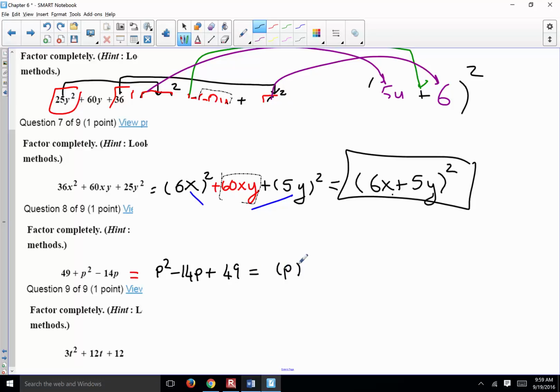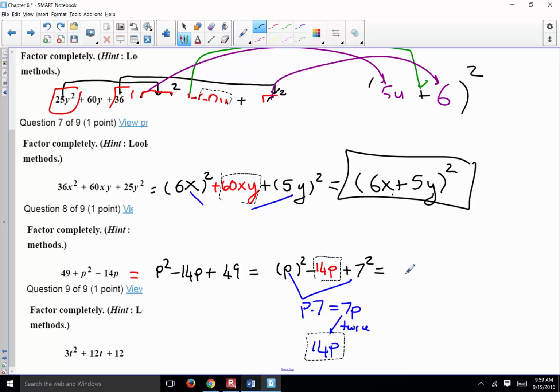It's just p squared and 7 squared, and the middle term is minus 14p. I just need to multiply these two. P times 7 is 7p, and twice it, 14p. Do we have a match? Yes, it's a match.